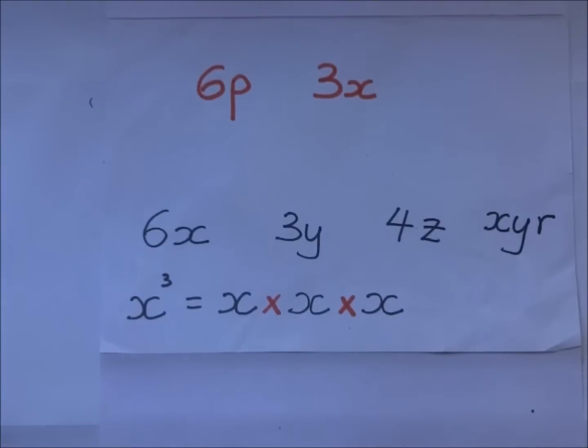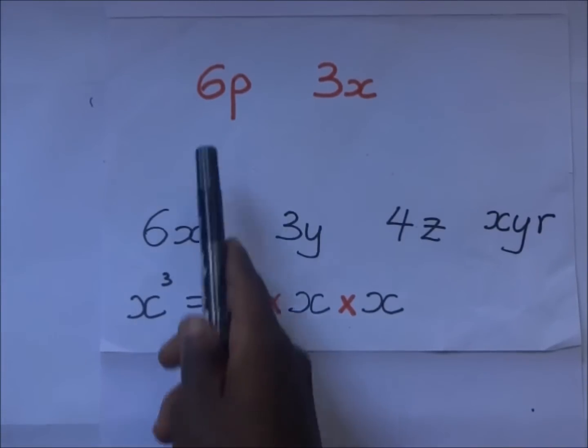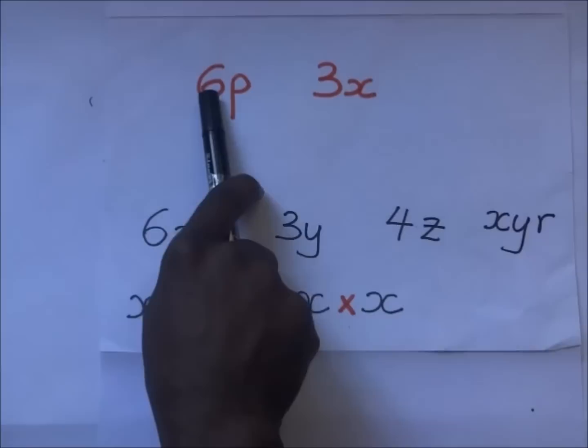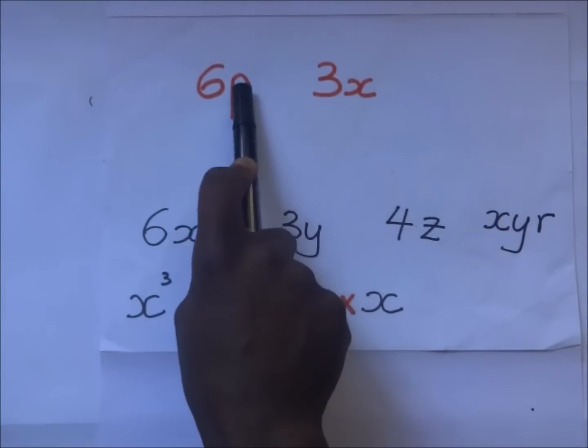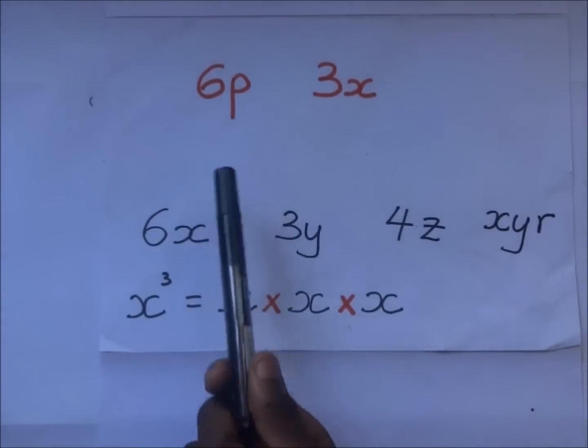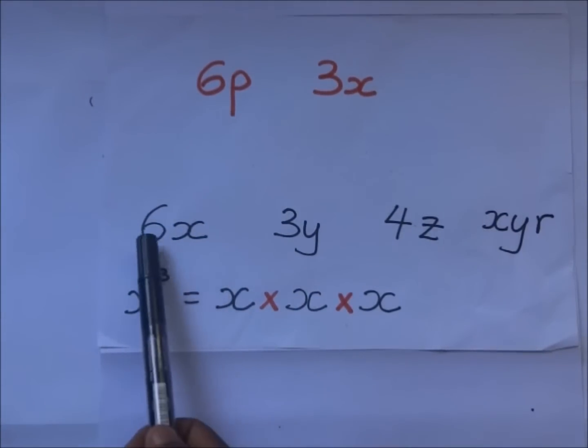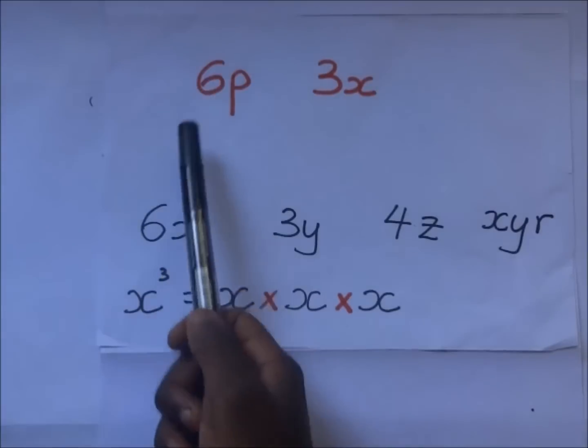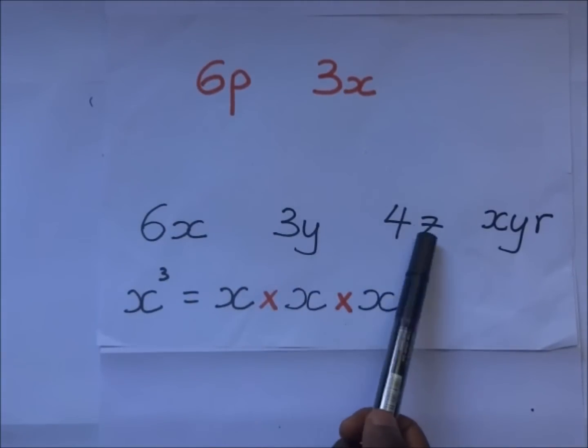Now these terms that involve two numbers being multiplied are called factors. This 6 is a factor, and this p is also a factor, and same as that. Now when two numbers are being multiplied together and one of the factors is a variable, they are written without the multiplication sign. That is why you see 6x, 3y, 4z, xy.